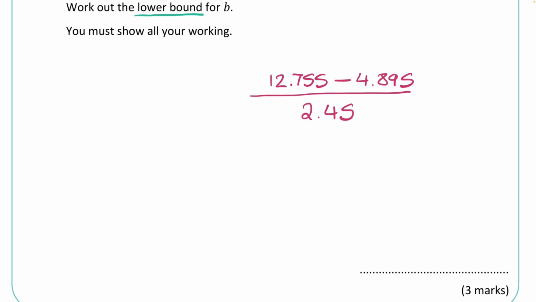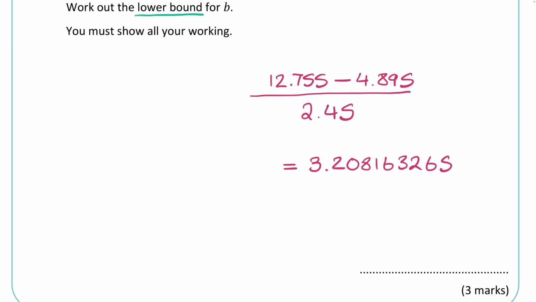So now we just need to type it in. So 12.755, take away 4.895, and that's over 2.45. Press equals, we'll get our answer, and this one does come out as quite a horrible number. It's 3.208163265.